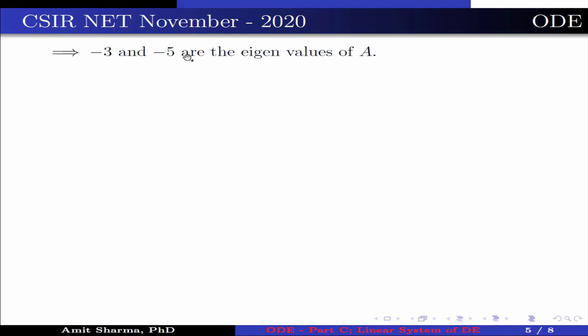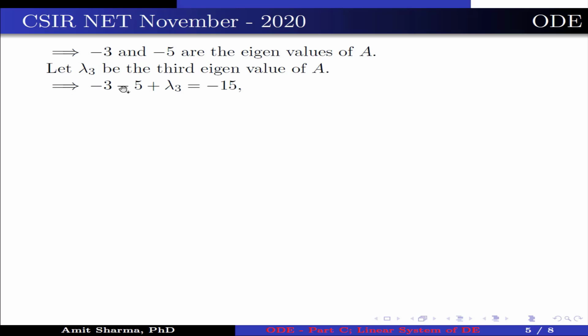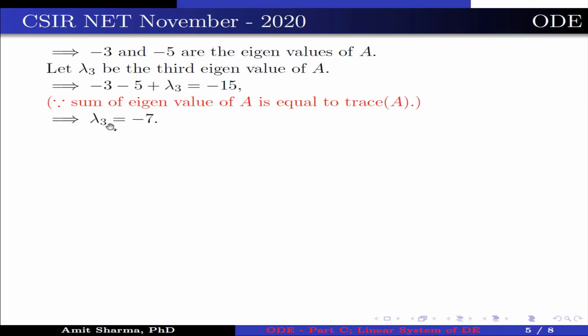This implies minus 3 and minus 5 are eigenvalues of A. Let lambda 3 be the third eigenvalue of A. This implies minus 3 minus 5 plus lambda 3 is minus 15. Why is it so? Because we know that the sum of eigenvalues of A is equal to the trace of A. This implies the value of lambda 3 is minus 7.